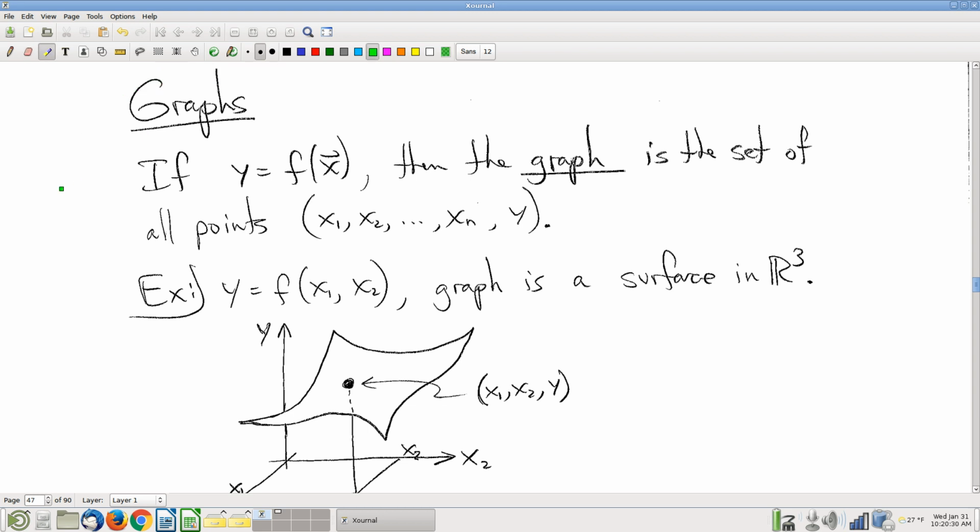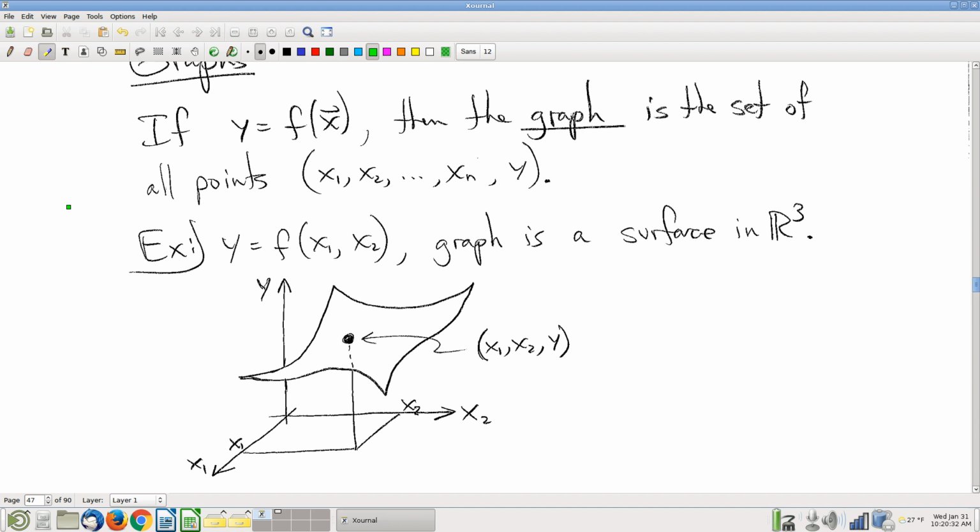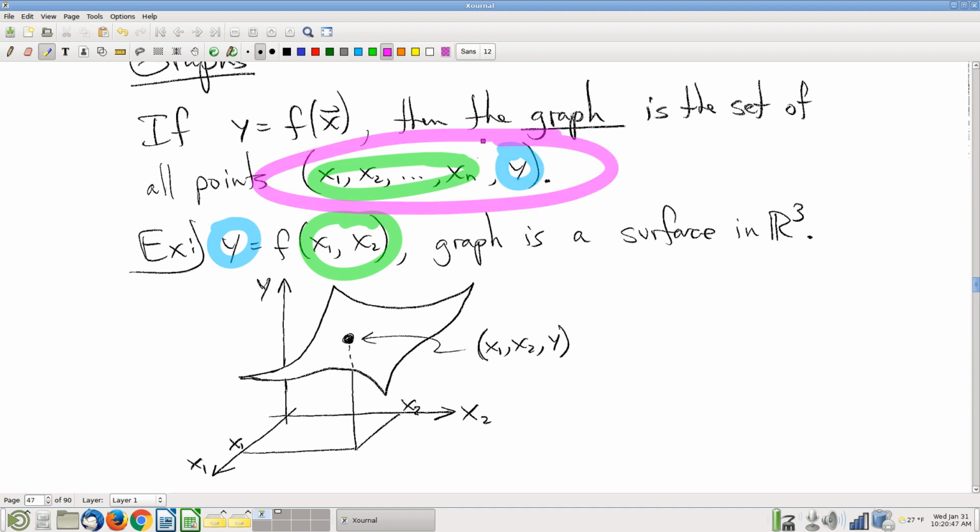And the details matter, right? So the idea is that for any given input, there is a corresponding output, and you smash all of those numbers into a single ordered n plus 1 tuple, we call it, representing thus a point, in the case of this example that I've drawn here, a point in R3.